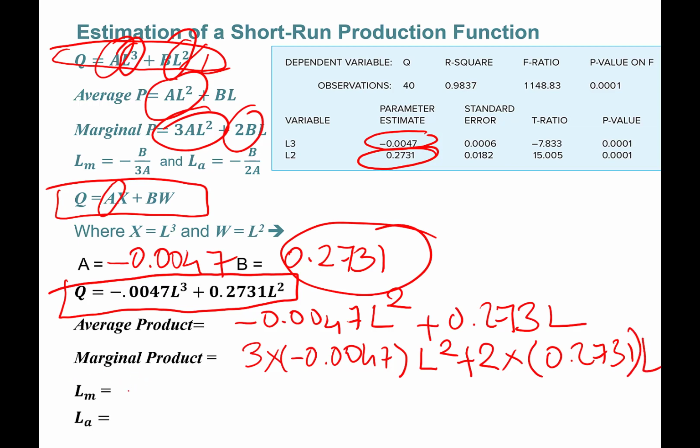That's also easy. Negative B, B is here, 0.2731, divided by 3 times, what is my A?